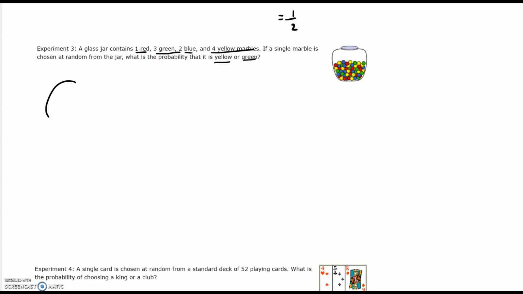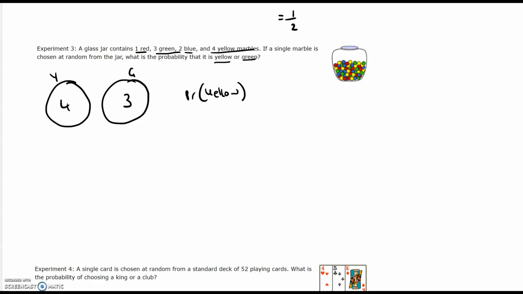Again, we're looking at mutually exclusive events because we're only talking about the yellow and the green outcomes. There are 4 yellow and 3 green. So our probability of yellow is 4 out of 10, and our probability of green is 3 out of 10.